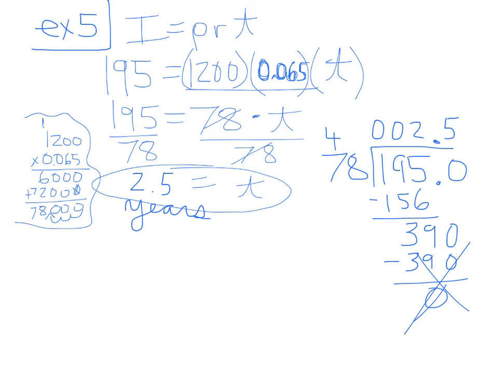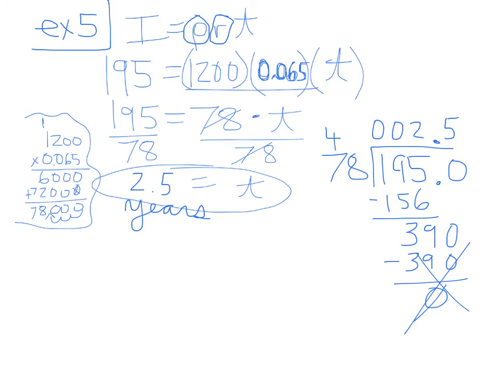Just be aware that not all the problems on here will ask you to find t. Sometimes they will give you the time that it takes and ask you to find r. Or they might give you r and t and ask you to find p. But you don't really solve any of those any different than the one we just did. Just plug in for the numbers that they give you.